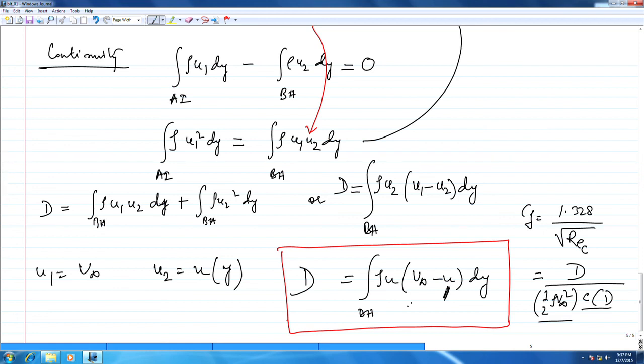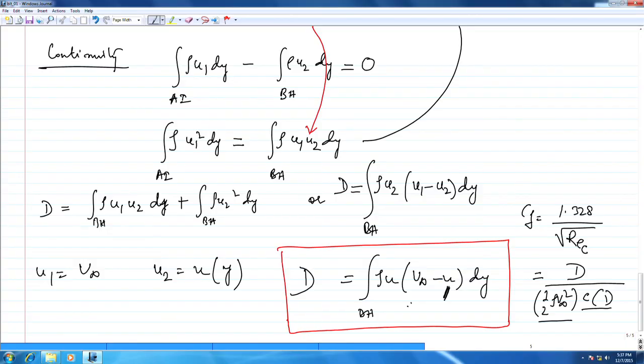We could do a small problem before we start the next module, so I will stop here and do that in the next module. Essentially, we have got an expression for the drag in terms of the free stream and the velocity at the exit, which is something that is easy to measure.